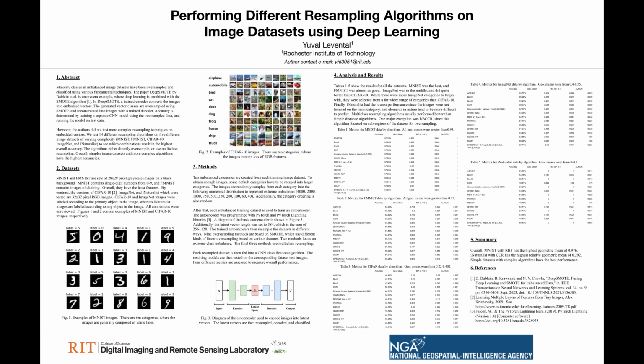They are Neighbourhood distance oversampling, similarity-based oversampling and undersampling preprocessing, and SPIDER-free cost-sensitive preprocessing. Each resampled dataset is then fed into a CNN classification algorithm. The resulting models are then tested on corresponding dataset test images.